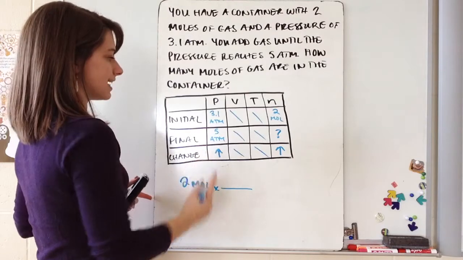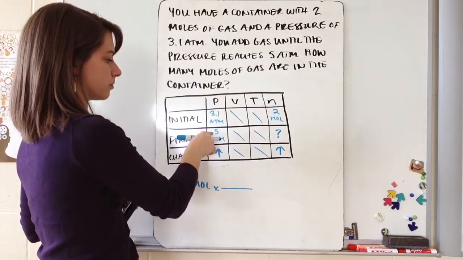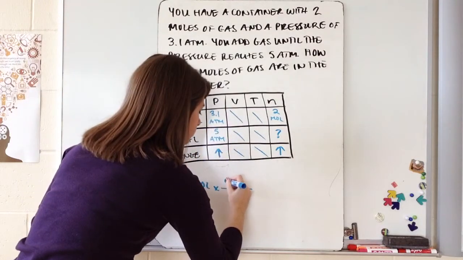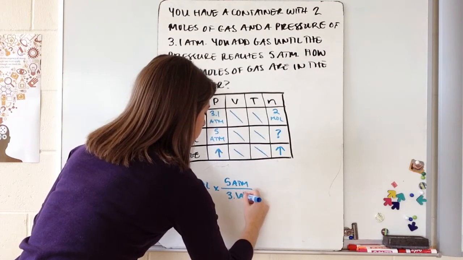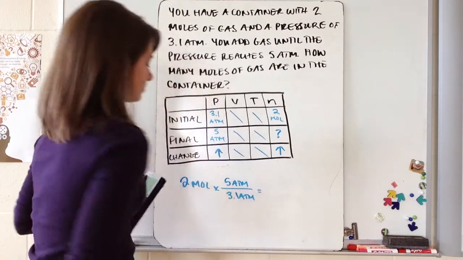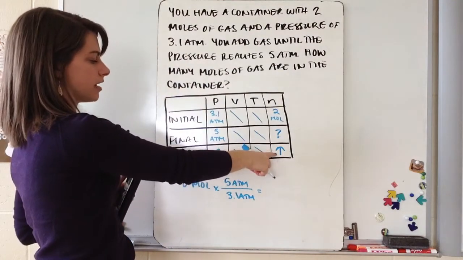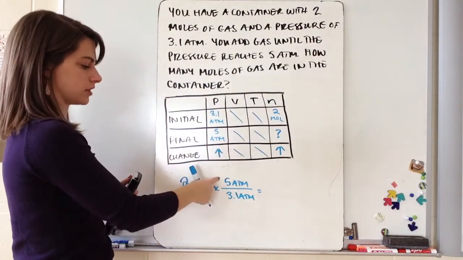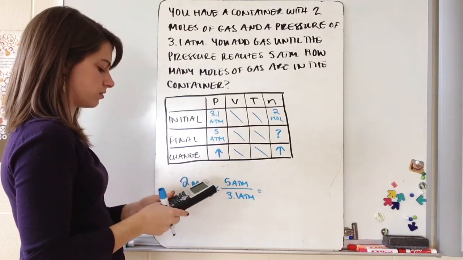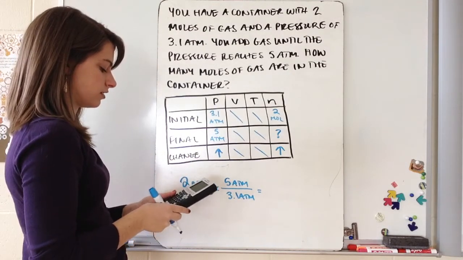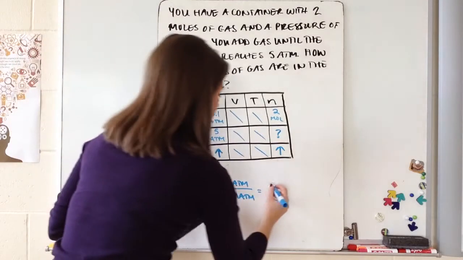Since we want it to go up, we're going to put our bigger number on top and our smaller number on the bottom. So since I wanted my number of particles to increase, I needed to put the bigger pressure number on top. Then I'm going to do 2 times 5 divided by 3.1.